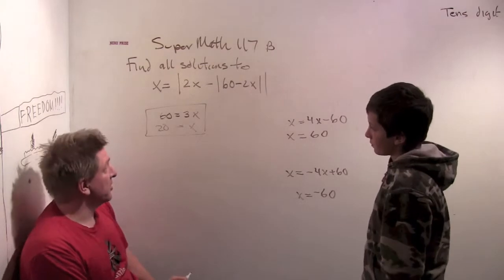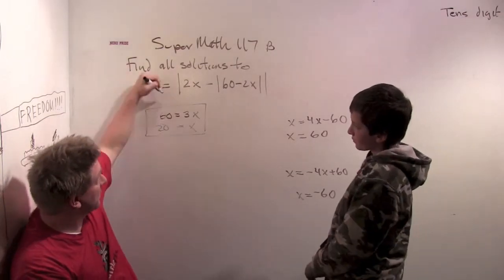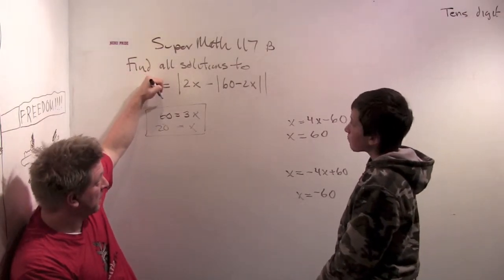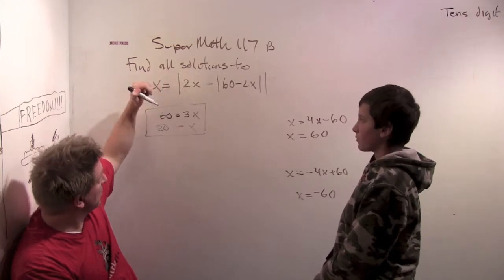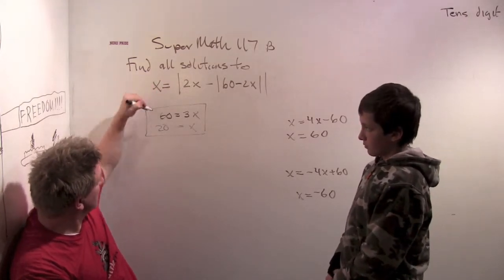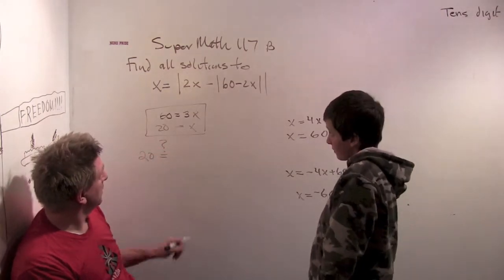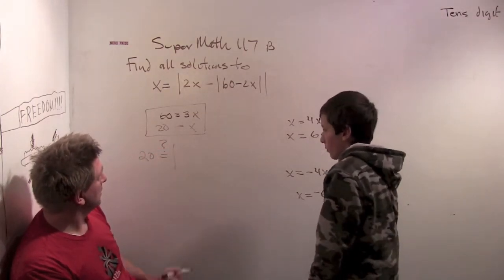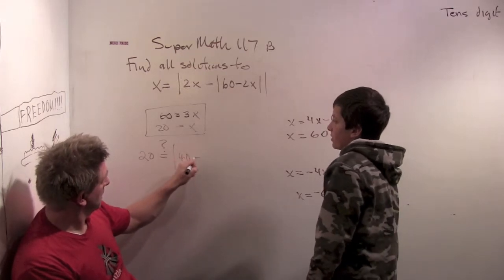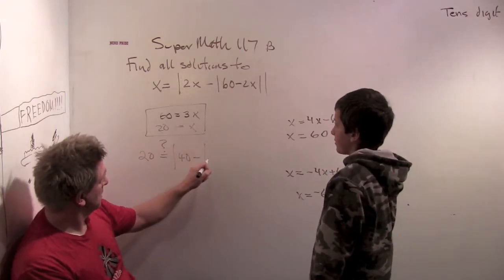Now, a very important thing is to go back and make sure that x equals 20 works here. Okay? So we know we're going to have 20 on this side. Does 20 equal the absolute value of 40 minus the absolute value of 60 minus 40?